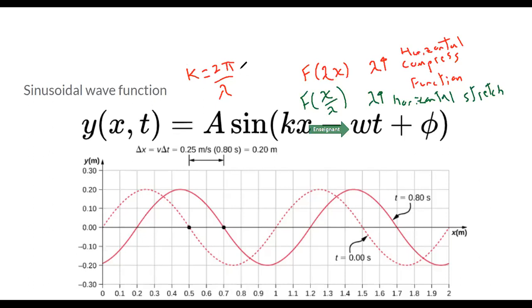In the same way that the wave number k is like a radians version of lambda, omega is also like a radians version of the linear frequency of a wave, which is 2 pi f. So even though there are three different terms, each one accounts for something different. The kx term is related to the wavelength. The omega t is related to frequency. And the phi here is just for initial conditions.